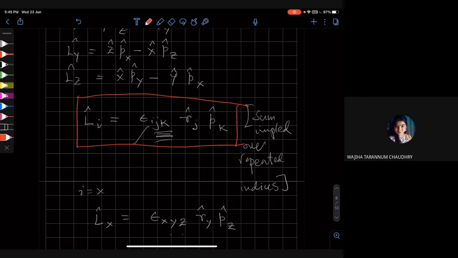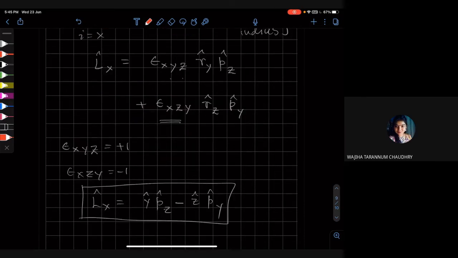No, sir, why are we assuming j not to be equal to k? Well, because then it's 0. Epsilon is 0. The epsilon tensor has the property that epsilon ijk is 0 if, say, j is equal to k.